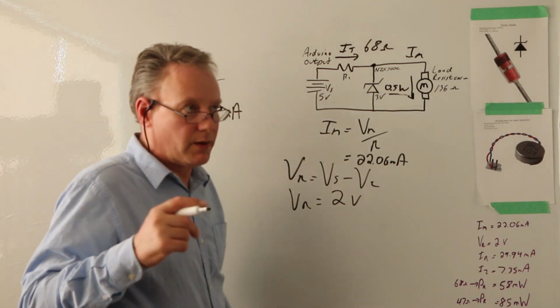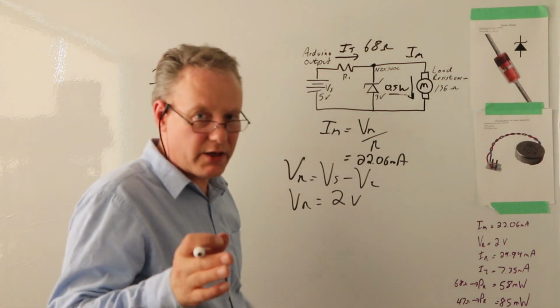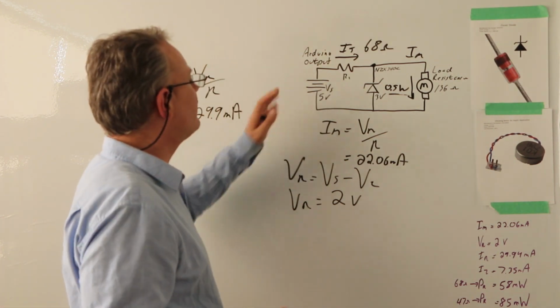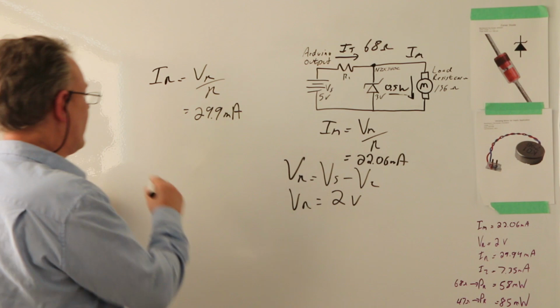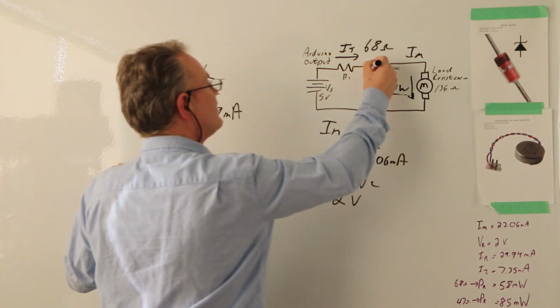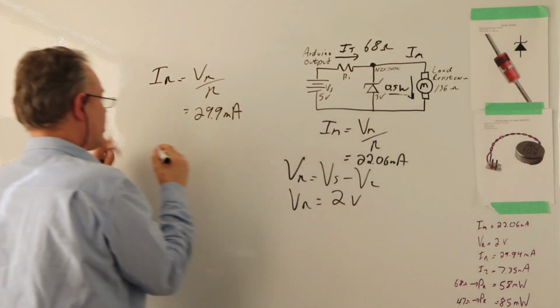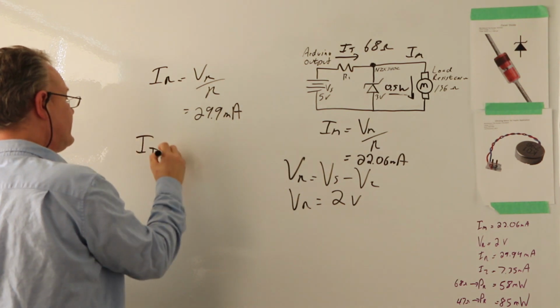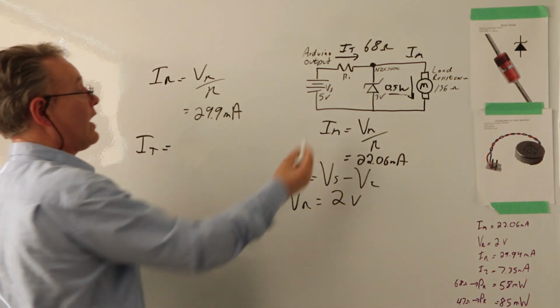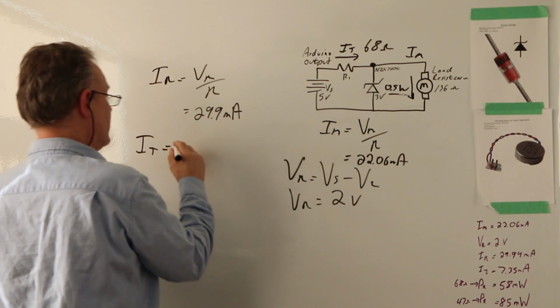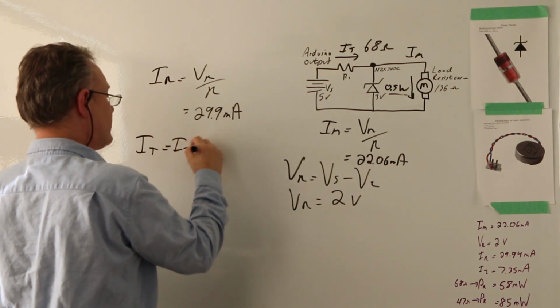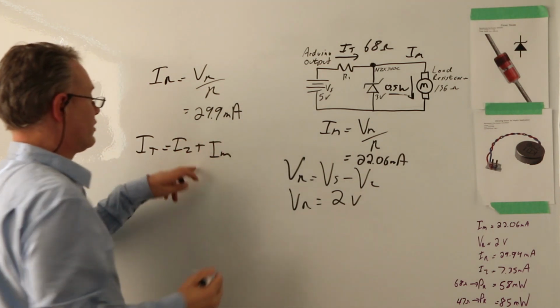Now, I want you guys to calculate the Zener current. And the way you do that is you think Kirchhoff. So I know that Kirchhoff's law says at this point right here, the current going in, IT, is equal to the sum of the currents going out through here and through here. So that's going to be the Zener current plus the motor current.